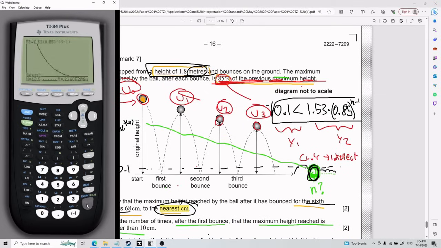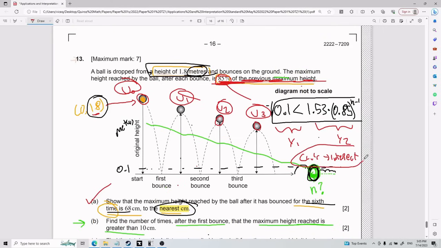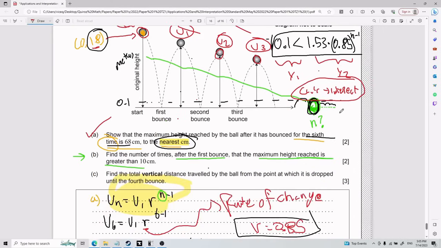All right, it gives me 17.78. So that means that from term number 17.78 onwards, it is not greater than 10. So that means that term 17 and back is greater than 10. Perfect. If I literally write calc intersect, yes, you can do this in your test and get full credit.